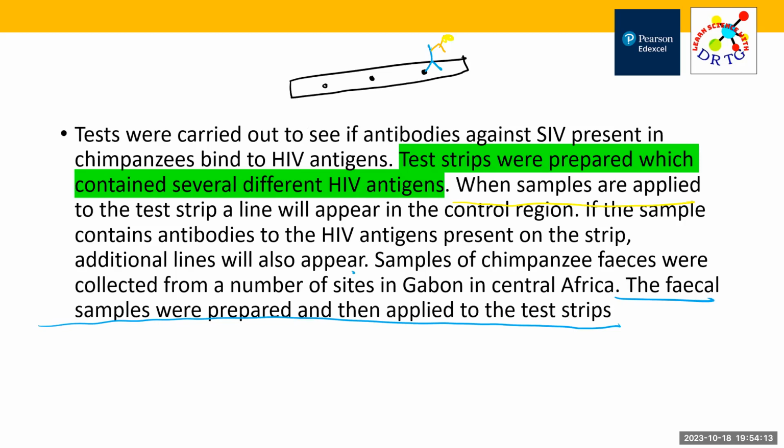Now, in animal studies, we collect mostly such samples. Then, are there antibodies in the fecal sample? That is not a question for us, because if they say antibodies bind to the antigen on the strip, then there should be antibodies in the fecal sample. These antibodies are somehow coming out from the blood into the intestine, maybe transferred to the intestine.